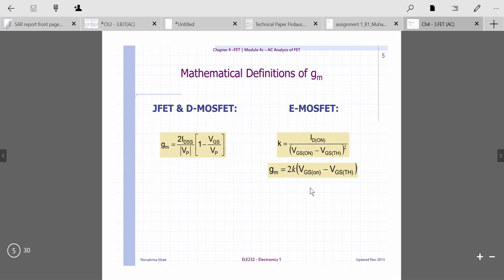So now we continue our lecture. These are the differences of equation between JFET, D-MOSFET and also E-MOSFET. You have this equation over here for gm.